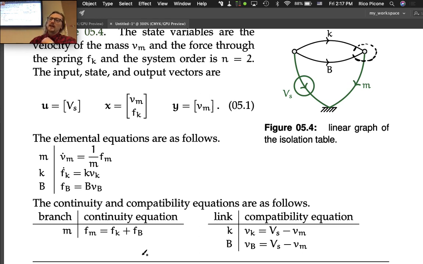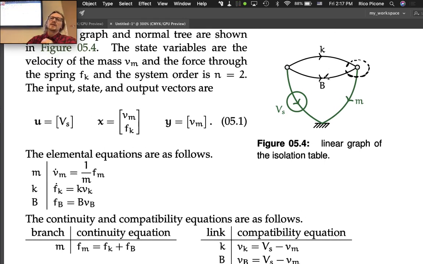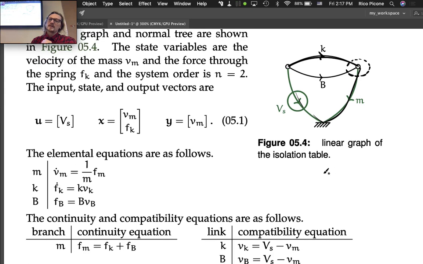And then for each link, each element that's not in the normal tree, we have a compatibility equation, which is the loop equation, right? So the first loop is that, thinking vector addition wise, Vk is equal to Vs minus Vm, right? And then similarly, Vb is equal to Vs minus Vm.